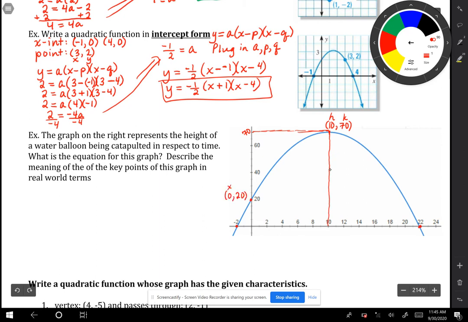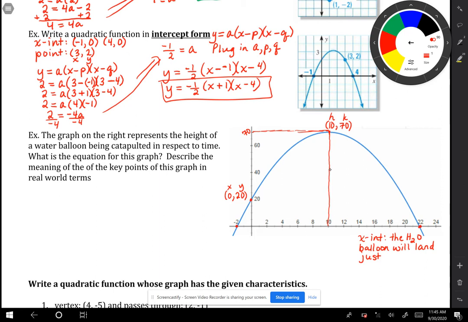So X, Y, and your x-intercept is where the water balloon will land, just before 22 seconds.